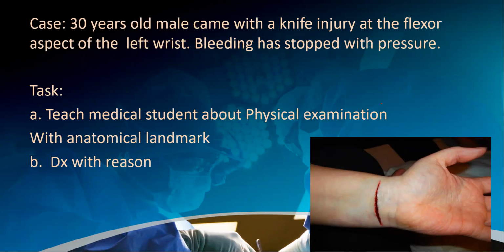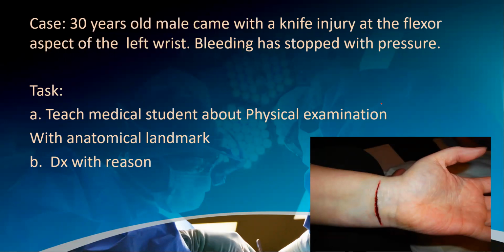In the examination, first of all, in the knife cut, we need to check the details of the cut, like whether it's a horizontal or vertical cut, whether there is any bleeding or discharge coming from the cut, and whether any redness, swelling present, or any other bruise mark in the hand.